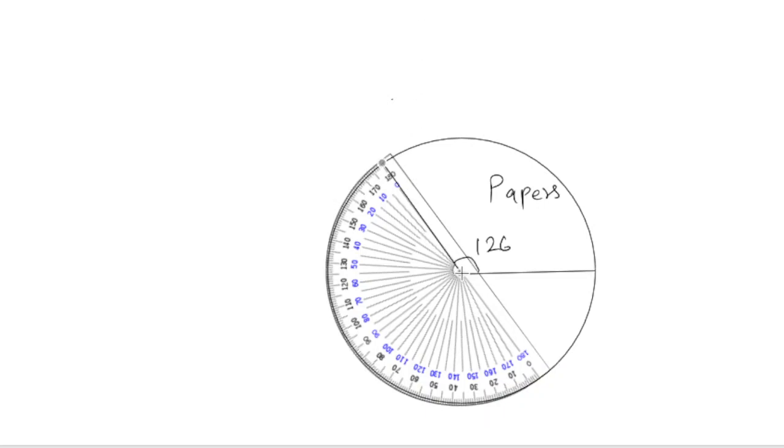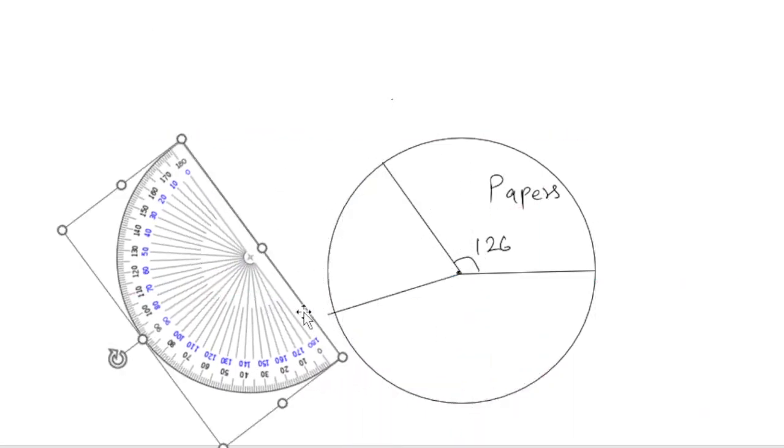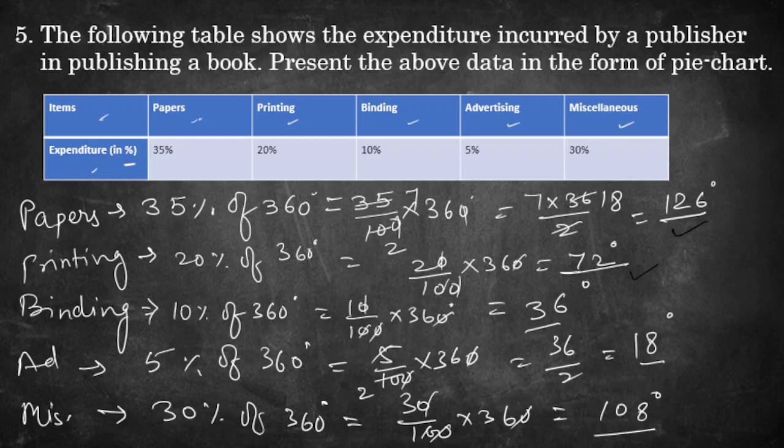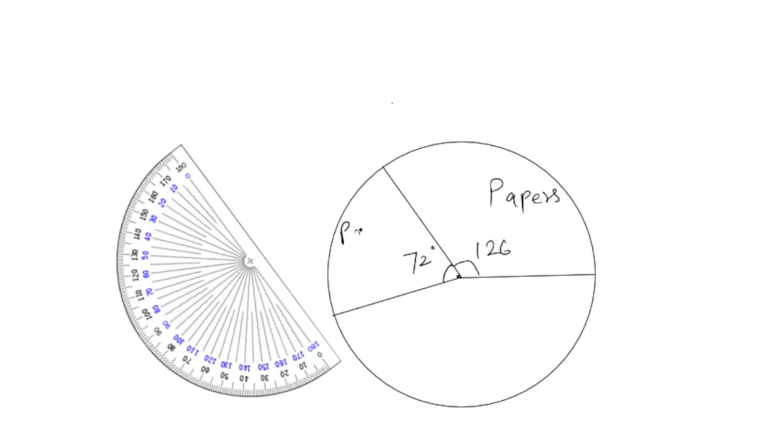So let's draw 72 degree from here. 0, 10, 20, 30, 40, 50, 60, 70, 72. Okay, so 72 degree we have drawn. If it is extra, you can just erase this one. So it is 72 degree, and it is representing printing.